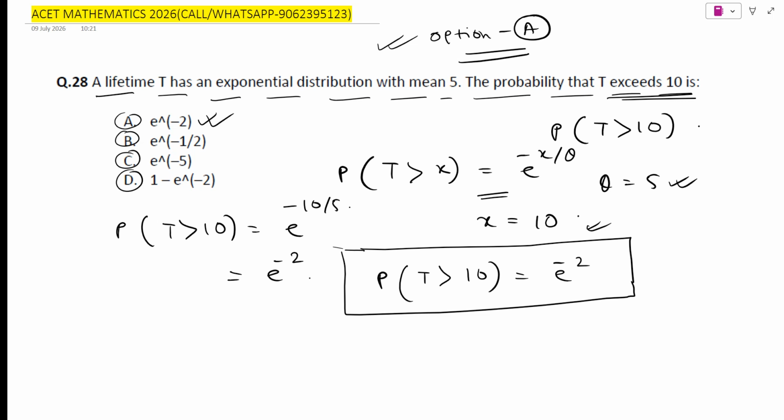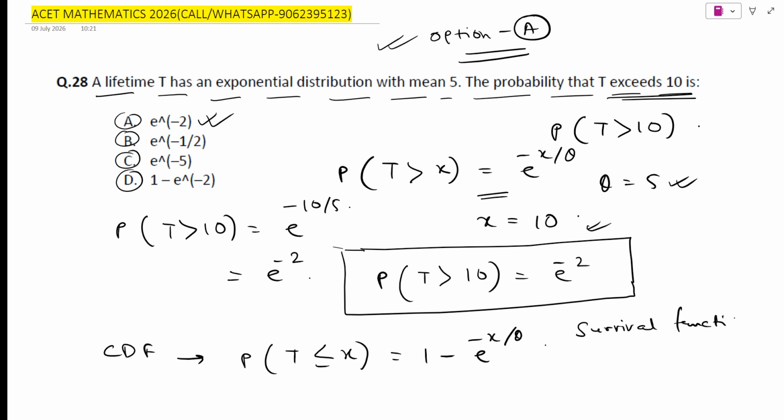Now never confuse the survival function with the cumulative distribution function. For an exponential distribution, the CDF, cumulative distribution function, is given here, and the survival function is this.